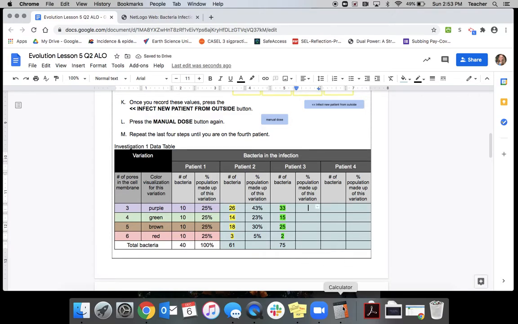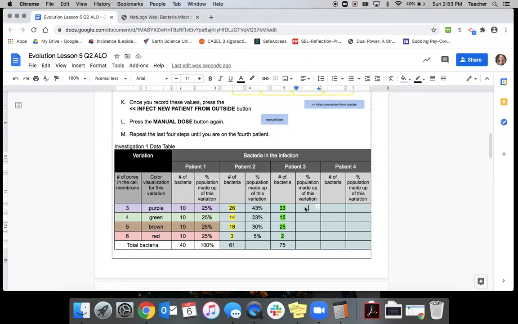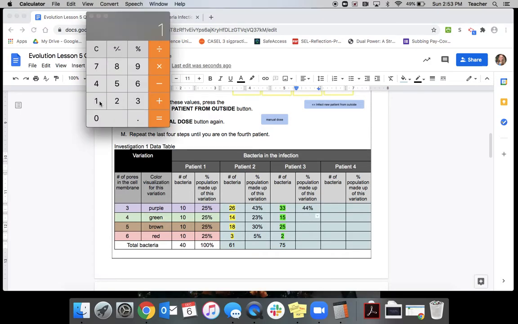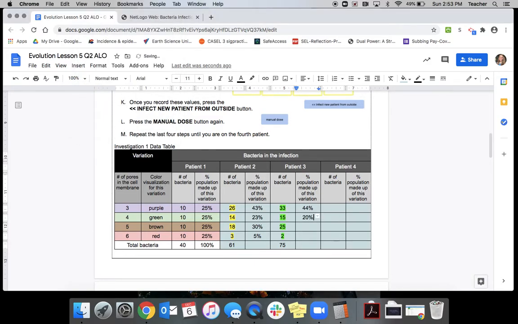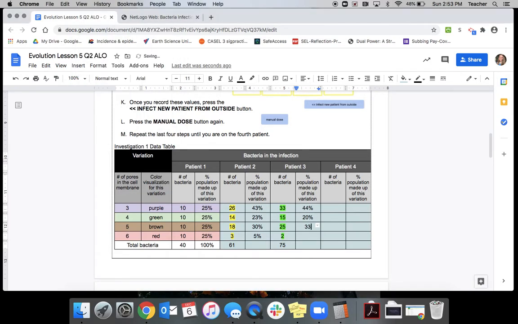I'm going to do my calculations again. 33 divided by 75 is 44%. 15 divided by 75 is 20%. 25 divided by 75 is 33%.